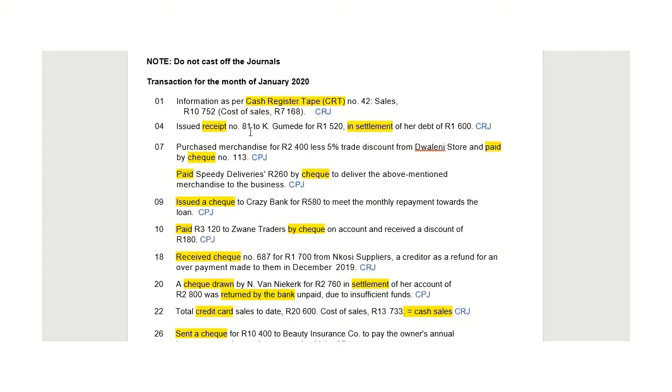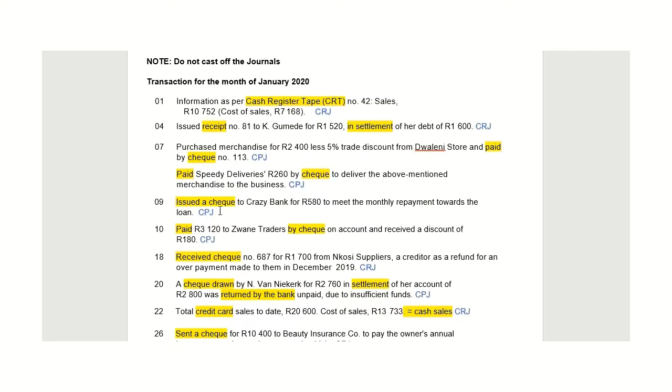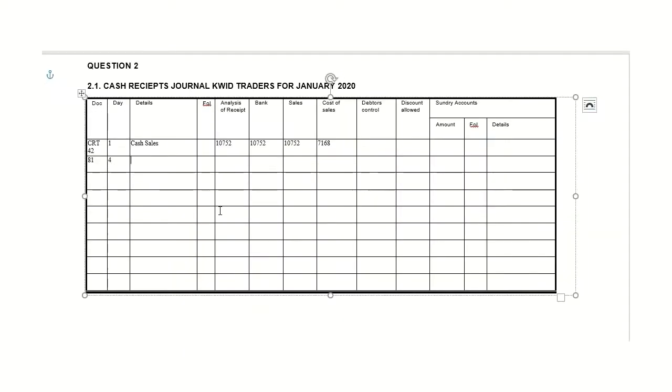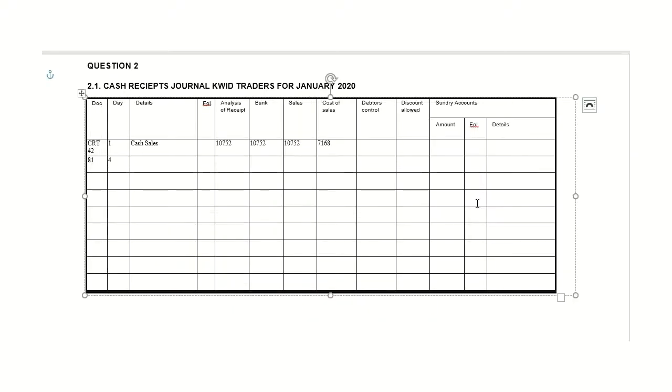On the 4th, issue a receipt 81 to K. Gumede for 1,520. So let's just put in the first bit. It is a receipt and the number was 81. It happened on the 4th and I received it from K. Gumede.